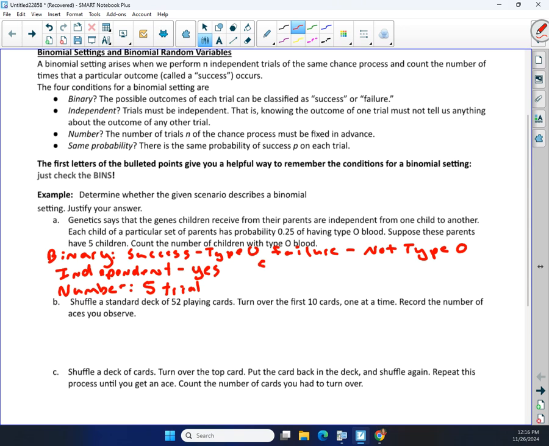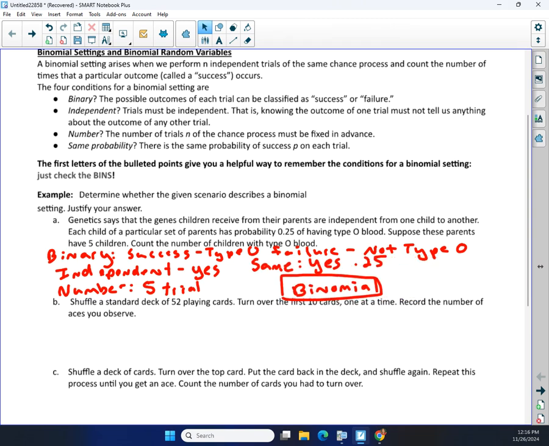And same probability is a yes, and it's 0.25. So this is a binomial setting. And that will become important because we need to know what type of probability method to use. So knowing that it's binomial is important.